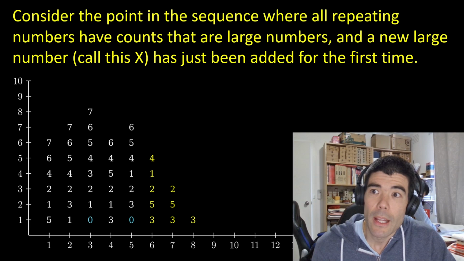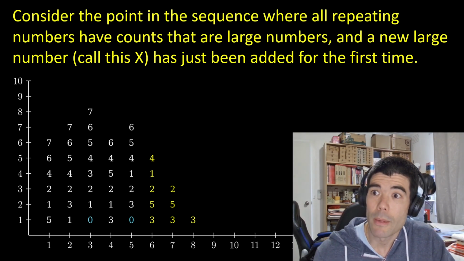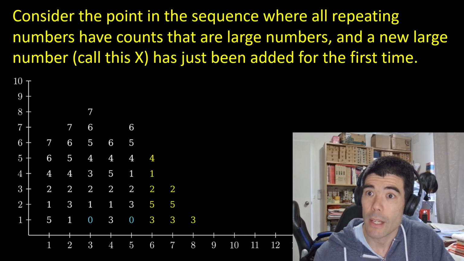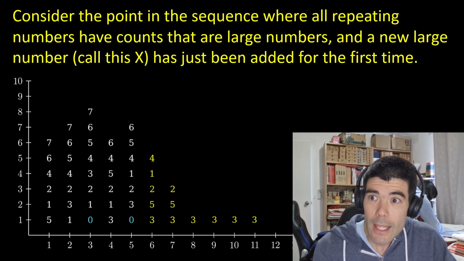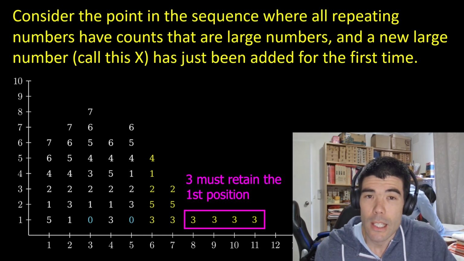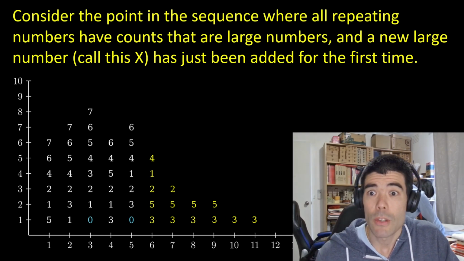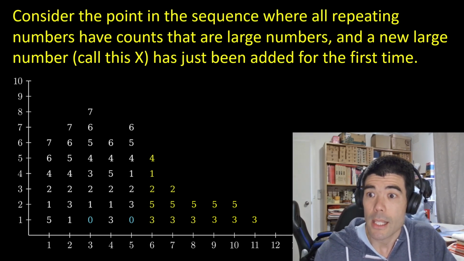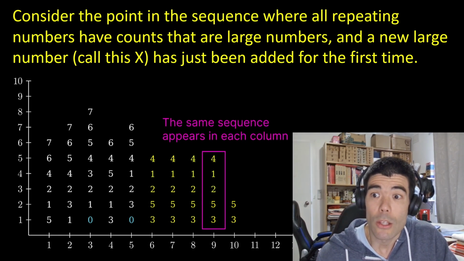I'm going to prove that the first repeating number to reach a count of x must also be the first number to reach a count of x plus 1, x plus 2, and all numbers larger than x, which would mean that this repeating number would always continue to be the first number in each column. Similarly, the second number to reach a count of x would always stay in the second position, and so on until the nth position, meaning that the order of numbers in each column must remain the same.